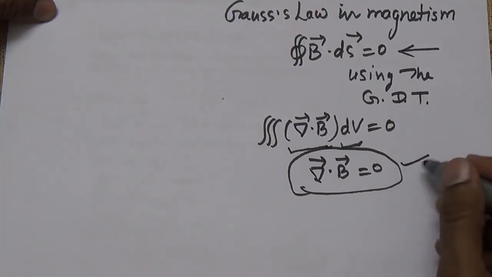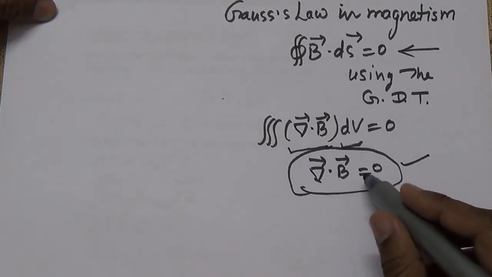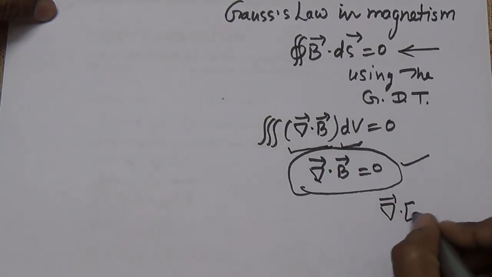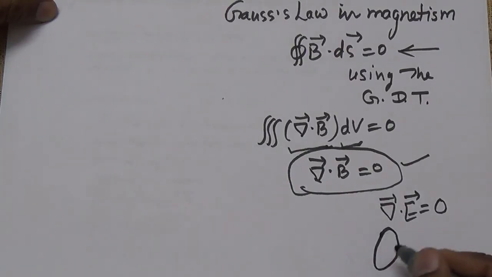Now what is the meaning of this del dot B is equal to 0? The divergence of the magnetic field is equal to 0. We have seen earlier, when we were discussing the divergence of any vector field function, that when the result comes out 0, what will be the conclusion of that equation? For that we considered an open surface that is enclosed by a closed loop.